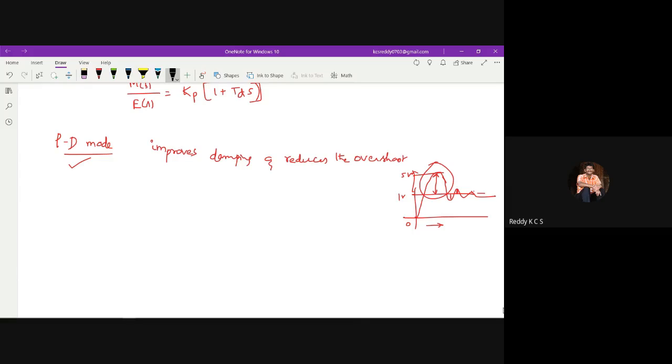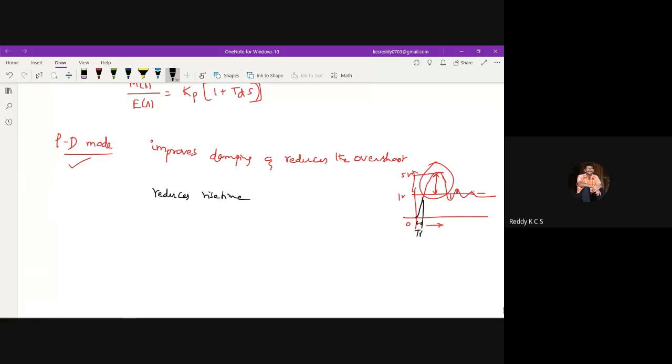And it reduces the rise time and makes the response fast. We will discuss what the rise time is. Rising from here to here, reaching 90% of the output, is called the rise time.